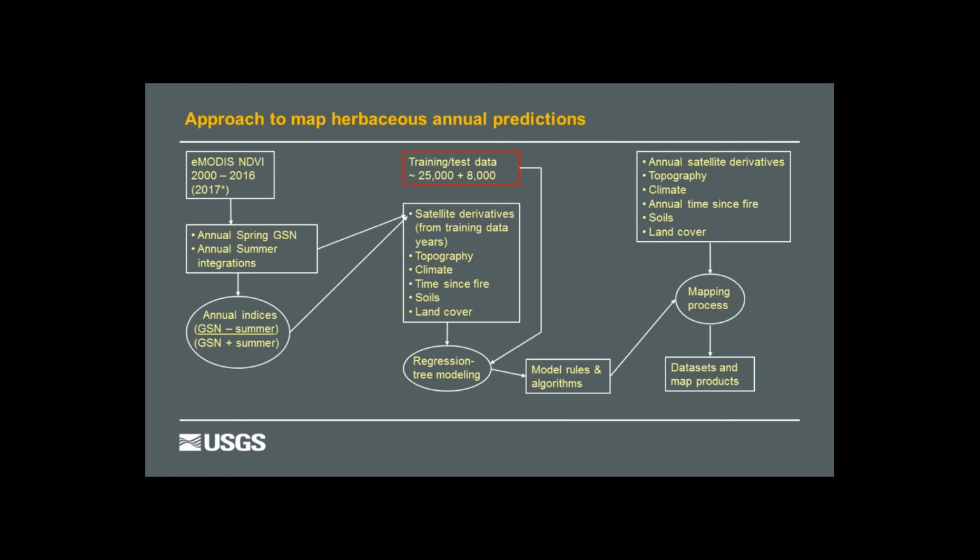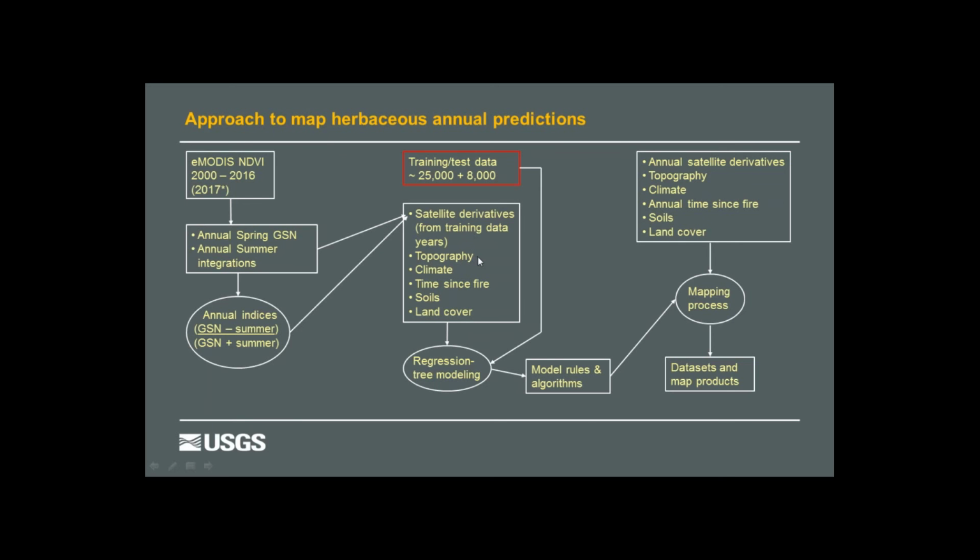We also take those 2 data sets and create an annual index where we take the spring GSN and the summer, subtract them, and then divide by GSN plus the summer. These are phenological satellite derivatives that we develop for each year.